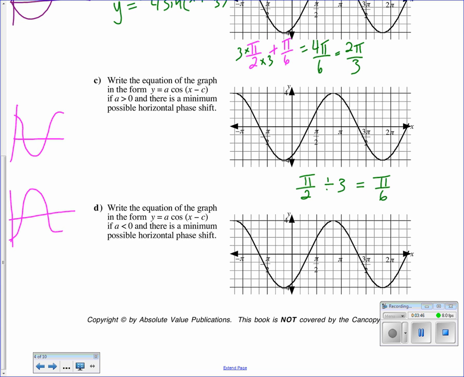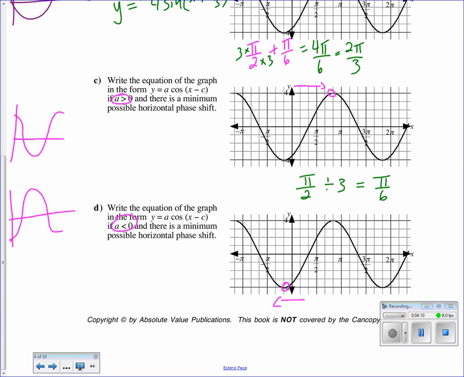So when we're looking for a greater than 0, we're looking for the graph to have shifted this position towards the right. And when a is less than 0, we're looking for the graph to have shifted this position to the left.